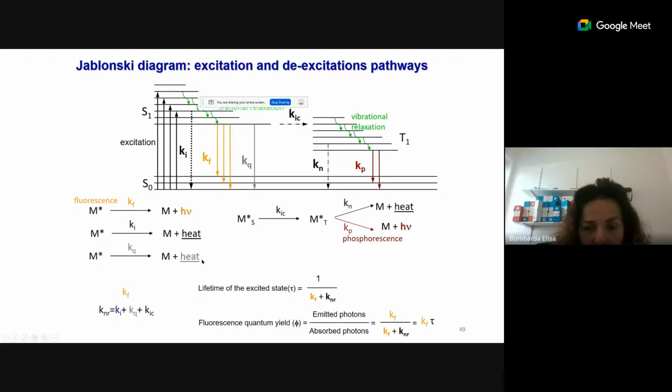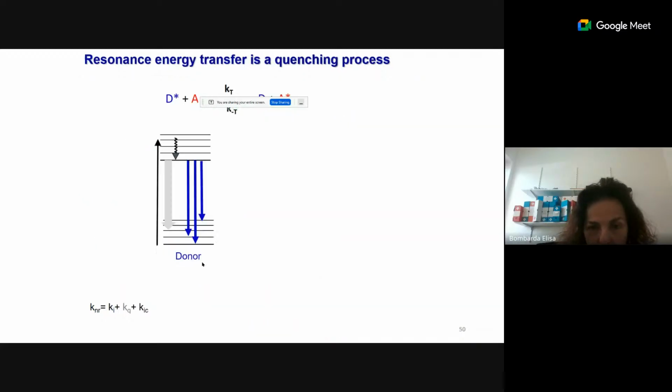And the energy transfer is part of this non-radiative pathway. So it makes the rate constant KNR more important.